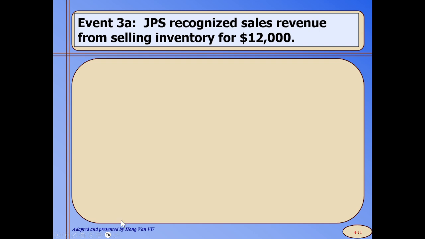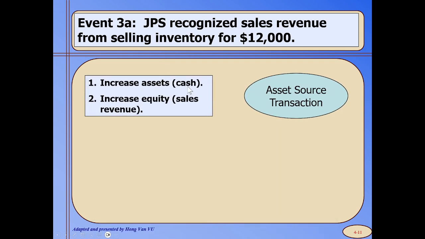Event number three, June's Plant Shop recognized sales revenue from selling inventory for $12,000. This transaction increased assets, cash, by 12,000 and increased equity, revenue, by 12,000 also.